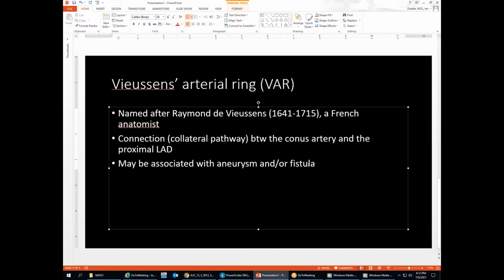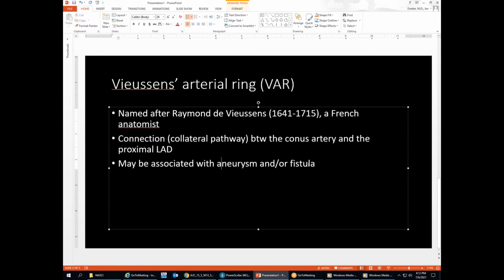So then, how do we put this all together? This is something that I've probably seen a couple times before. I'm not even sure I'm pronouncing this correctly, but Vieussens arterial ring, named after a French anatomist, is essentially a connection or collateral pathway between the conus branch of the RCA and the proximal LAD, and rarely it may be associated with aneurysm and/or fistula, which is what we have in this case.